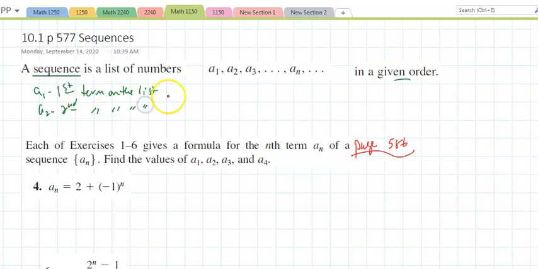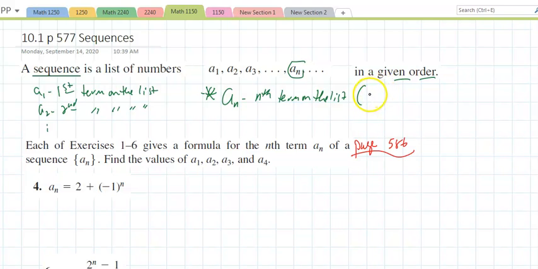The ordering is very, very important. A sub n is the nth term on the list. And it's extremely important because if you can find it, it generates the entire sequence.